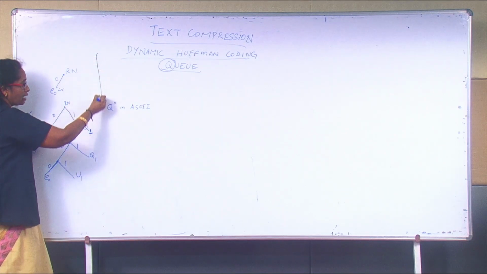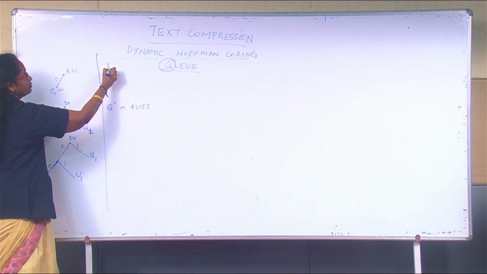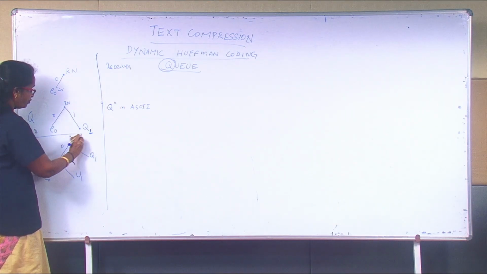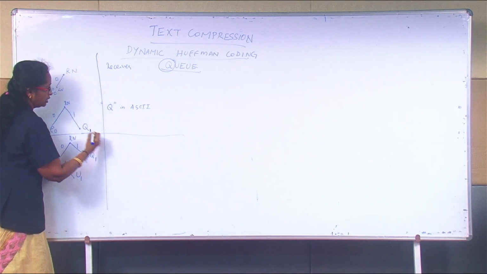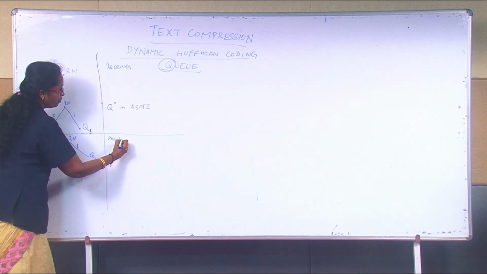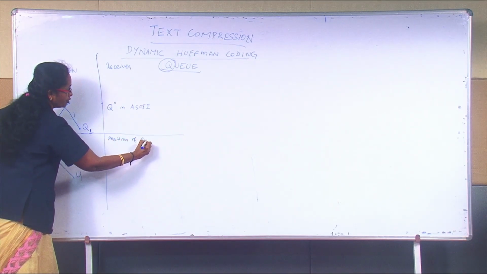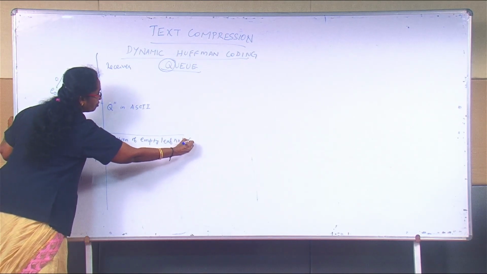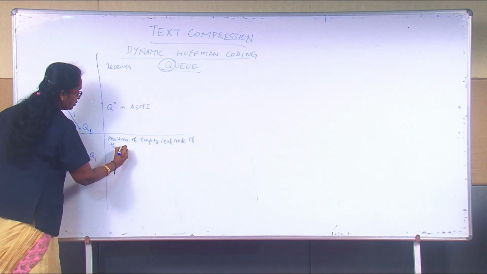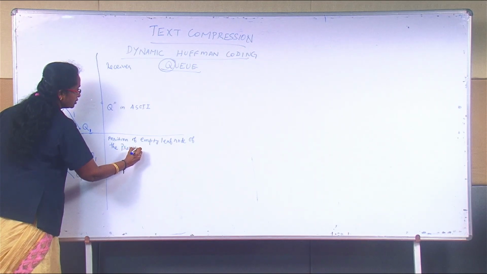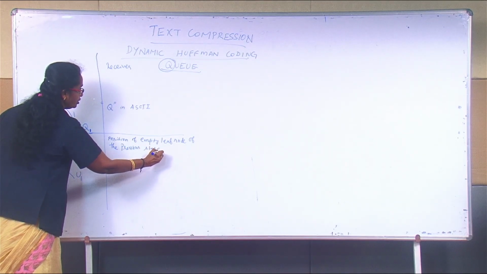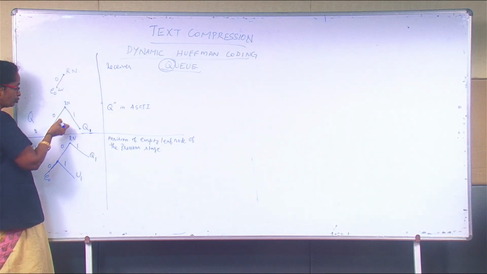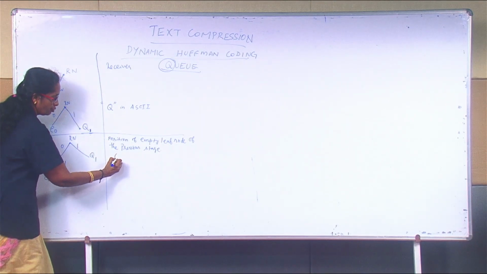Now what is being transmitted to the receiver? The position of the empty leaf node in the previous stage. In the previous stage, what is the position of the empty leaf node? You should read it from the root node, so its value is 0.